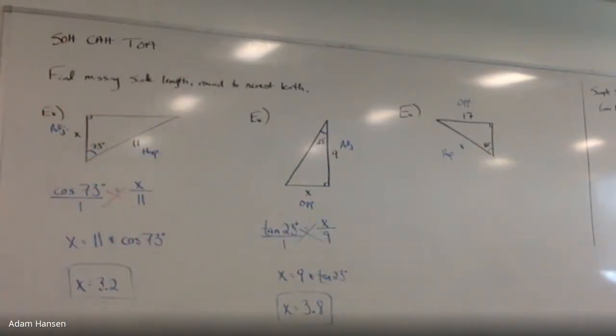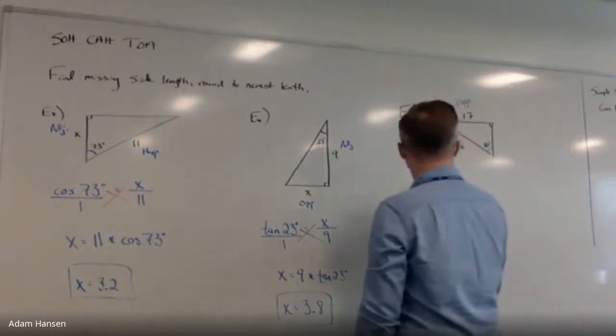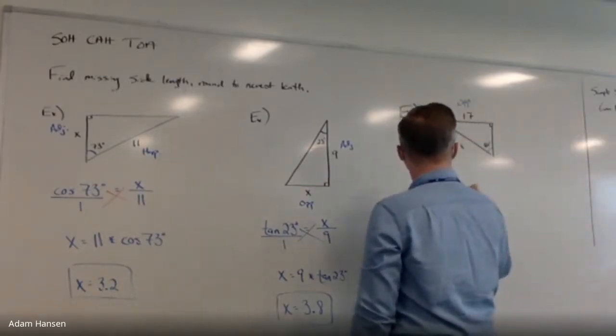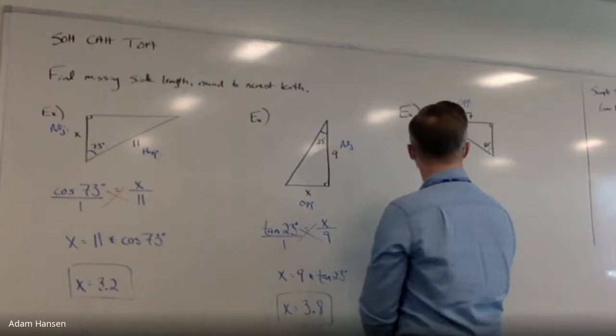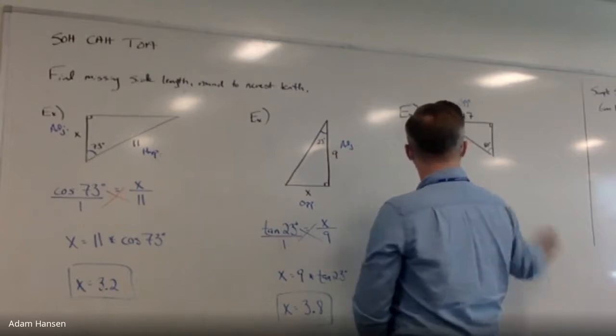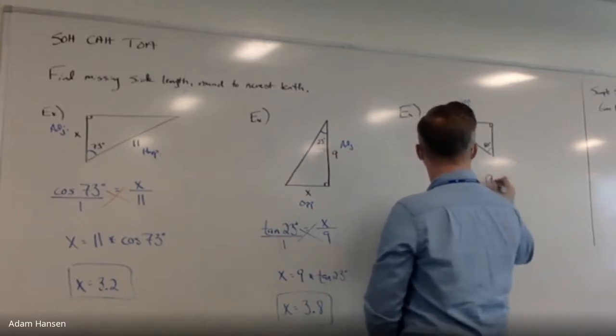Based off of these labels, which trig ratio relates the two side lengths I have in question? Sine. I have the opposite leg and the hypotenuse, so that is the SOH in SOHCAHTOA. S stands for sine. Sine of 80 degrees is 17 over x.